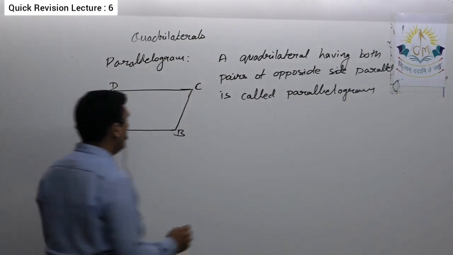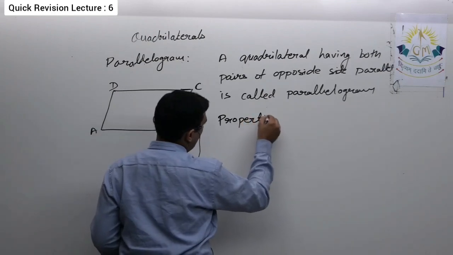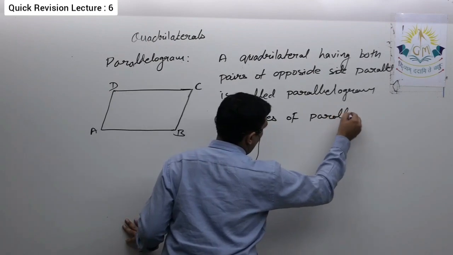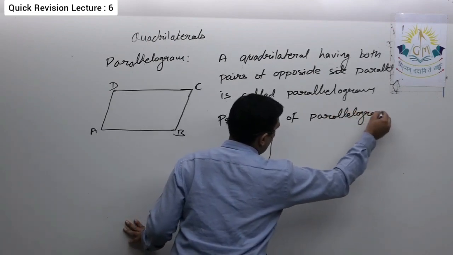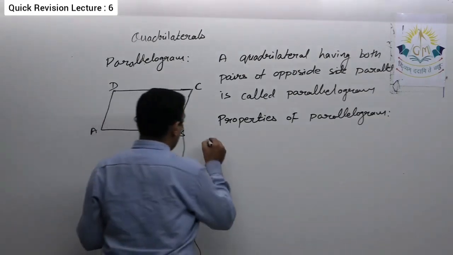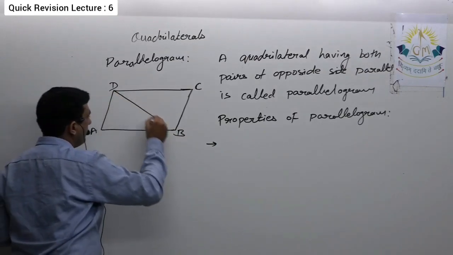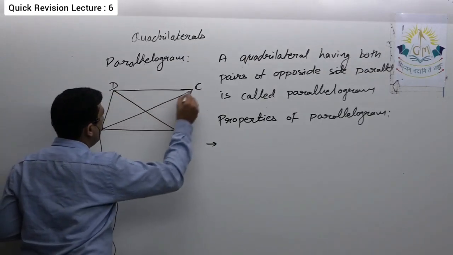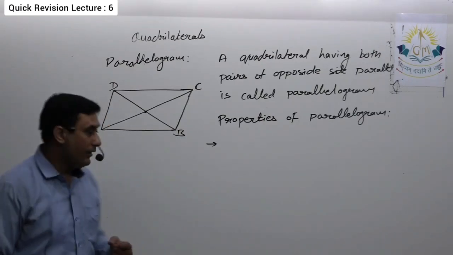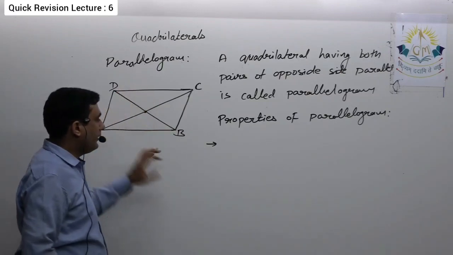Okay, now we'll see the properties of a parallelogram. There are three types of properties of a parallelogram. One is related to the diagonals, one is related to sides, and one is related to angles.